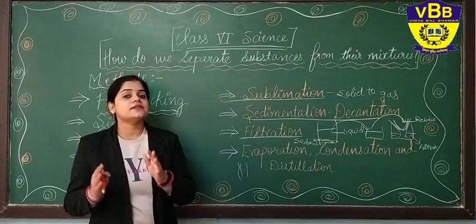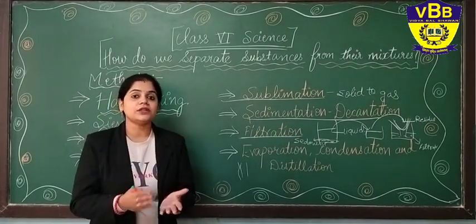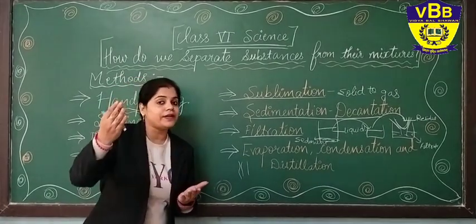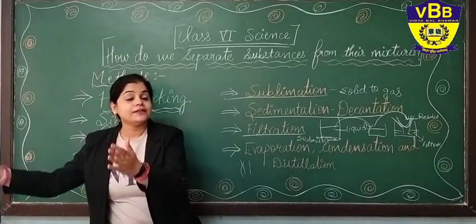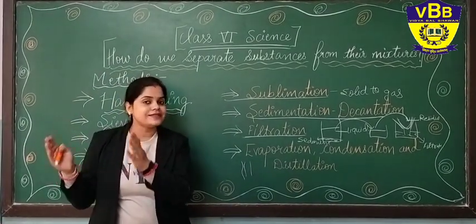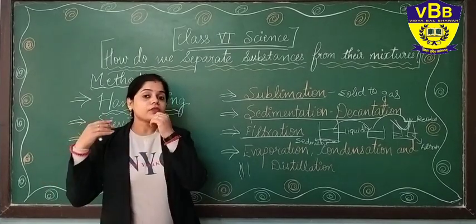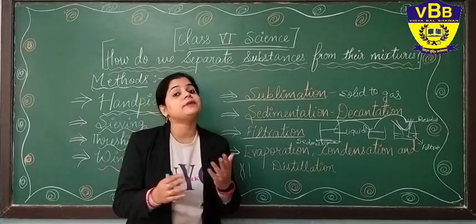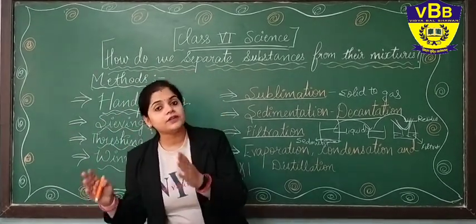That is the condensation process. So in salt water, the water that was evaporated is collected in another flask or container by using the condensation process, by cooling it down so that it is collected in the other flask.